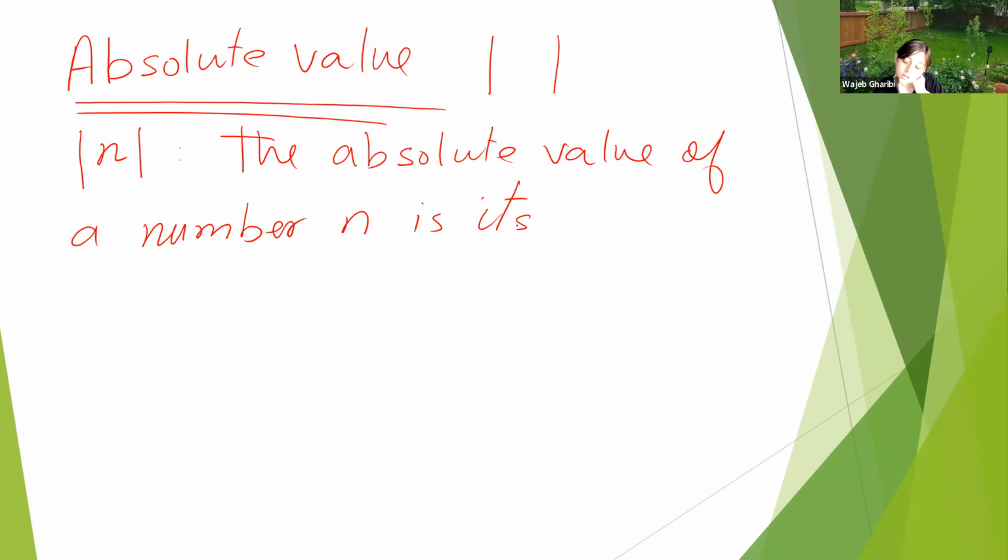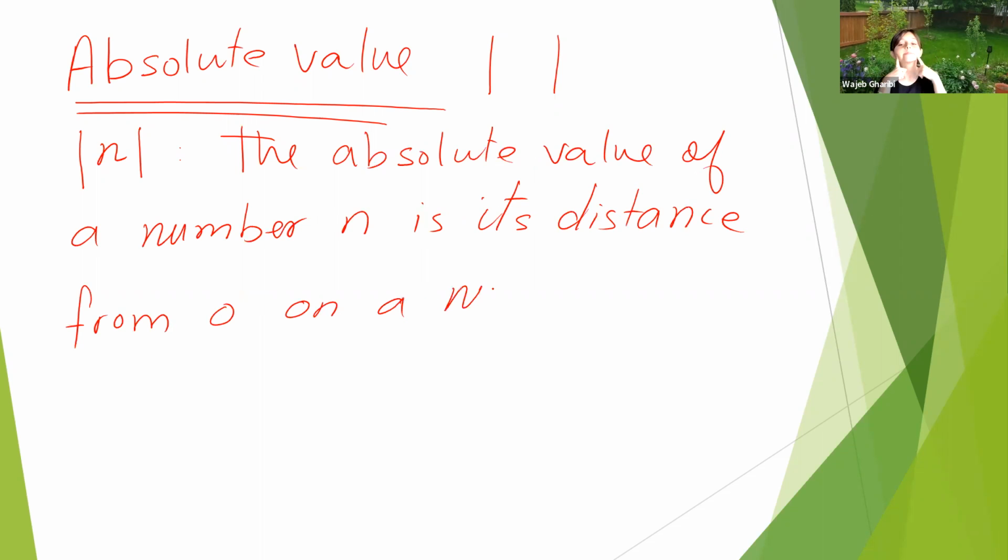Its distance from zero on a number line.